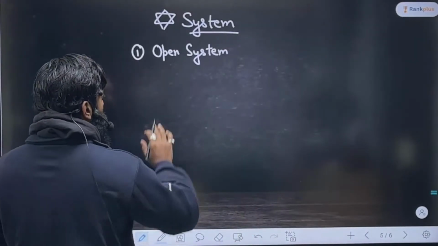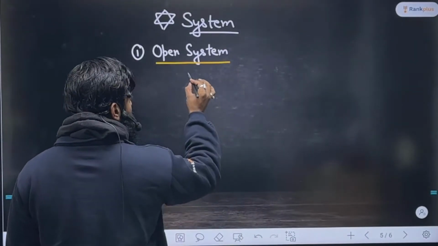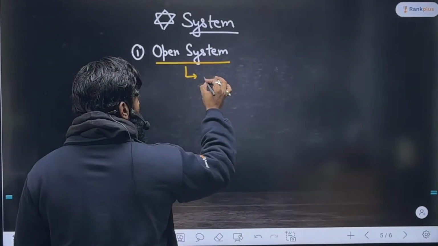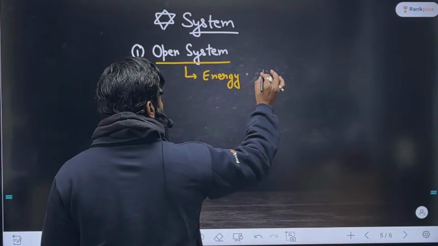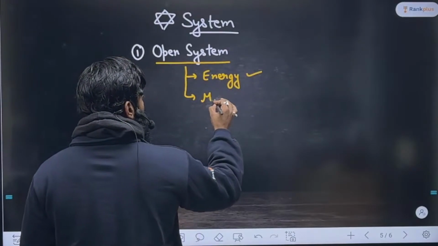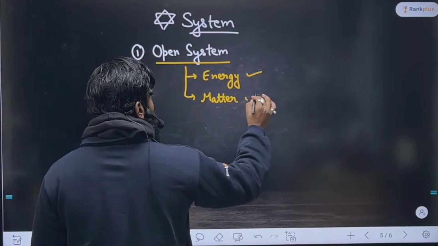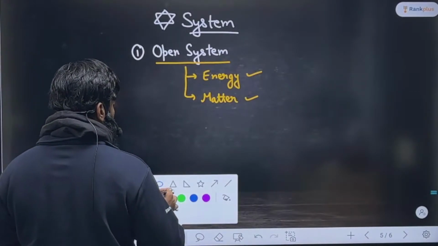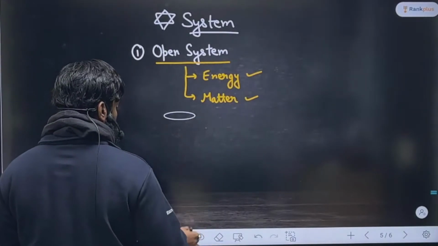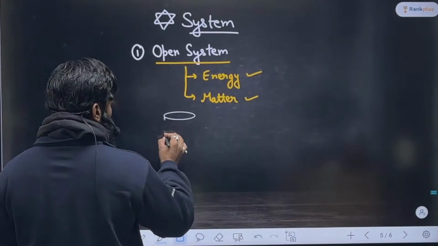Open system is a system in which energy can be exchanged, and matter can also be exchanged. Take an example, because using these examples it will be a very quick revision for you.